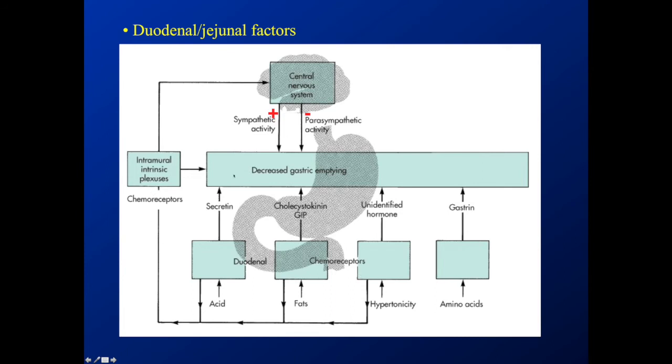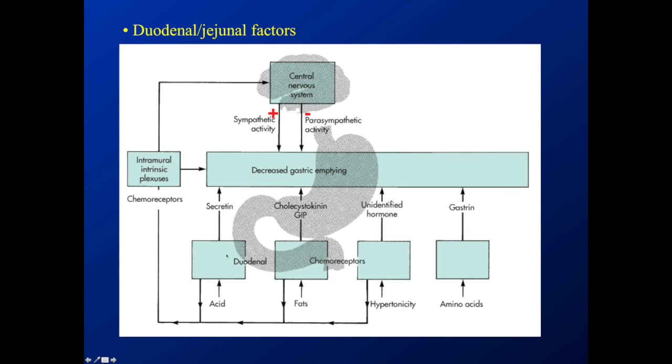These will all decrease gastric emptying through intramural intrinsic reflexes through chemoreceptors, but also through the central nervous system. Sympathetic activity will reduce gastric emptying, and a decrease in parasympathetic activity will also decrease gastric emptying.